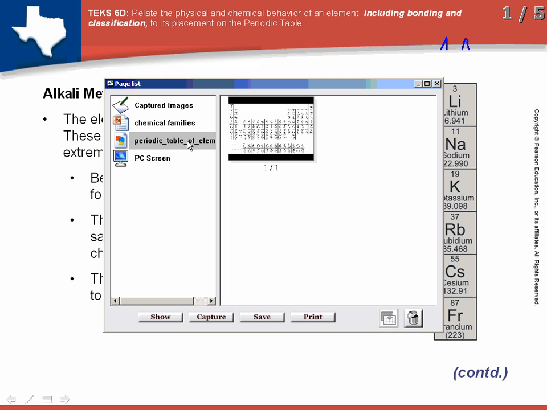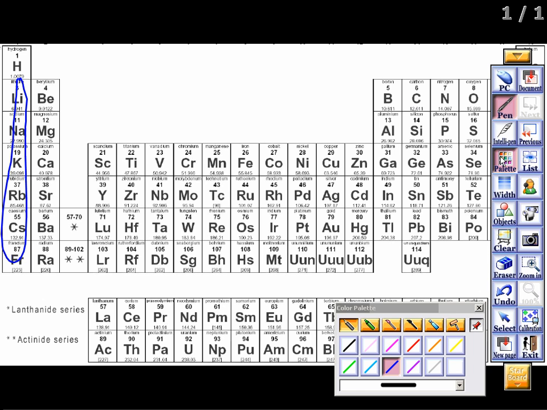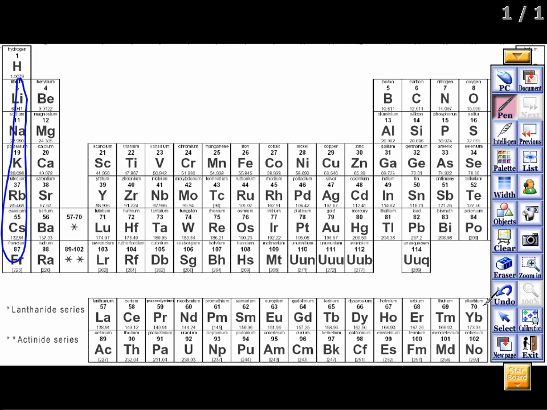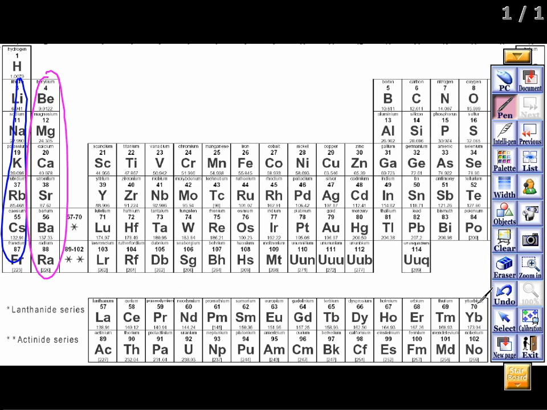So on the periodic table, I'm talking about these elements on this side right here. These are the alkali metals. The next group to the right of the table, group 2A, these elements right here, they are not as reactive as the alkali metals, but they're still pretty reactive.